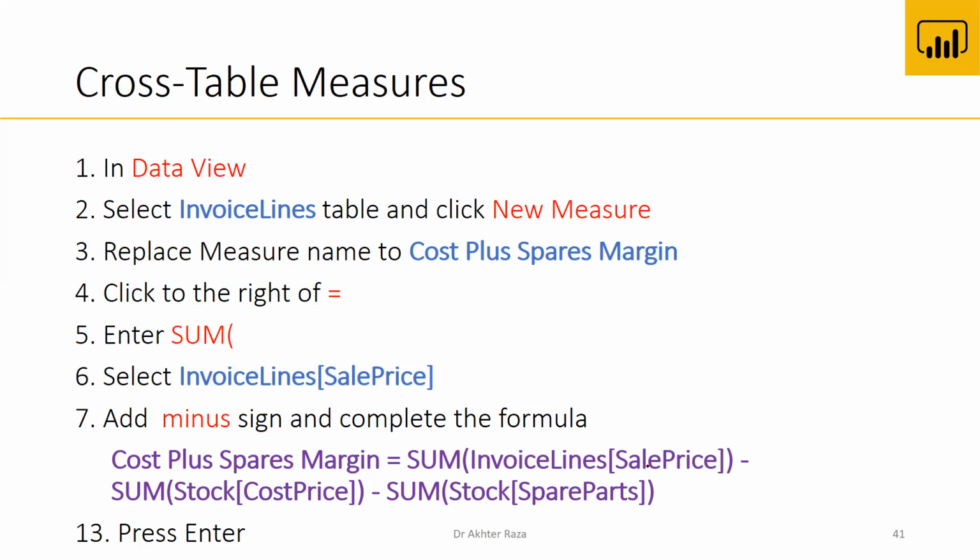The sum of the sale price from the invoice line table minus the sum of the cost price of the stock table, minus the sum of the spare parts price of the stock table. So cost price and spare parts, these two numbers are subtracted from the sale price. Then the cost plus spare margin is calculated.